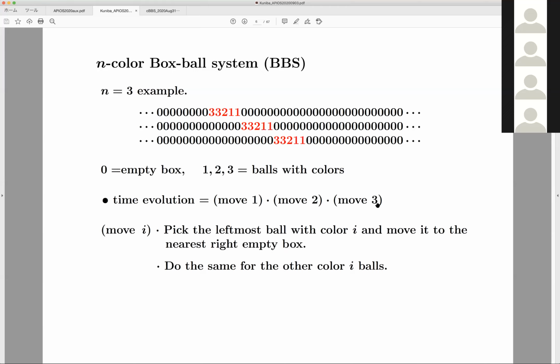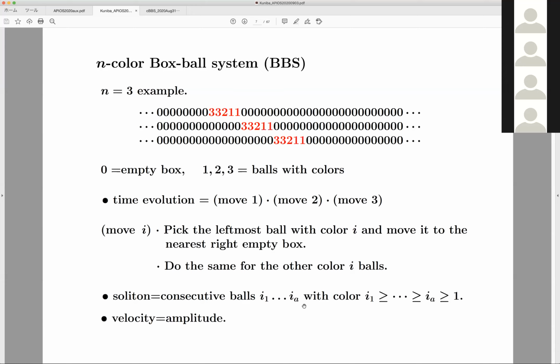For example, the first thing you have to do is this. You pick up the leftmost 3 and move it to the nearest right empty box here. So this sits here, and the next 3 sits here, and 2, and so on.